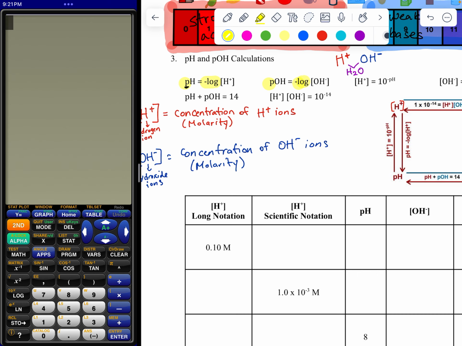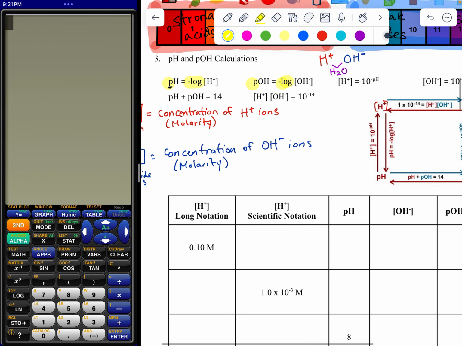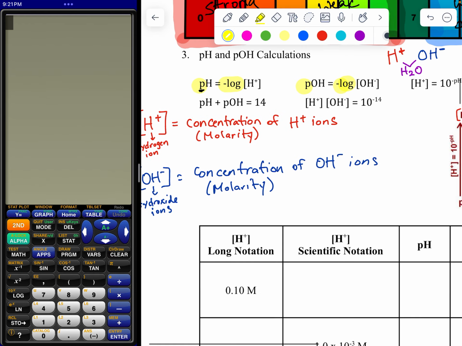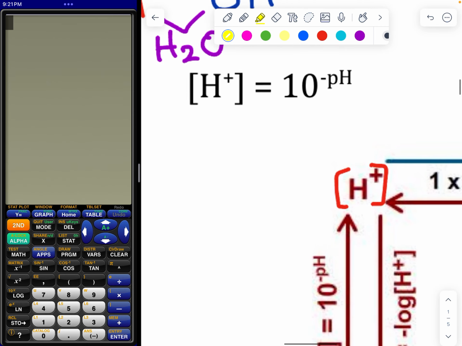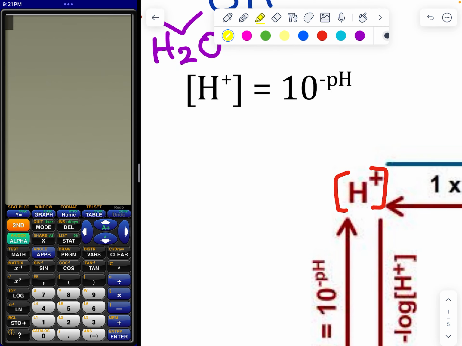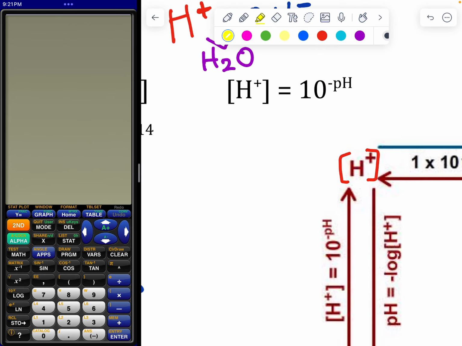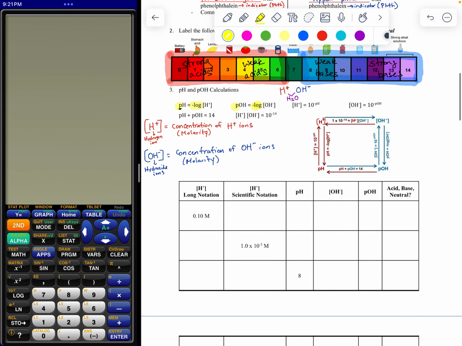And then, of course, if we have one way to figure out the pOH and the pH, then we should be able to go backwards. Now, these are log base 10s, which means that to go backwards, all I have to do is take those pH values and put them to 10 to the power of those. So we'll do that here a couple of times so that you can see.